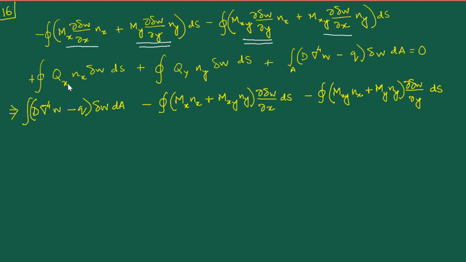And finally, I'm going to take this term together with this term, plus qx nx plus qy ny, delta w ds. This whole thing is equal to 0.